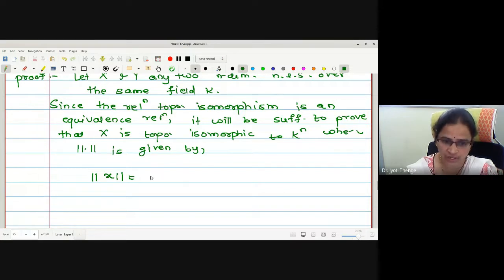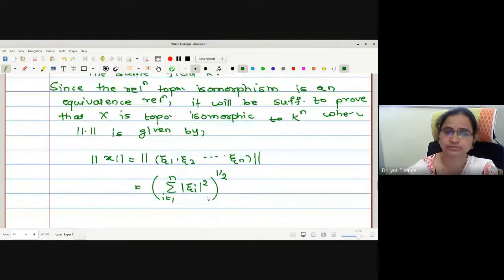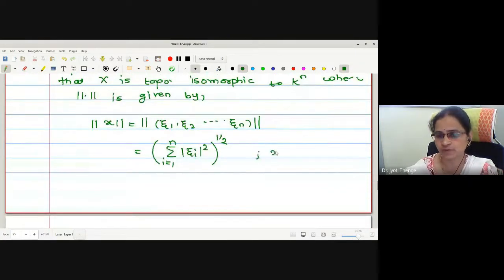Therefore, what can I write? Let me write this as an n-tuple vector, with the scalars, say zeta 1, zeta 2 up to zeta n. And we are going to define this as the summation of mod zeta i squared, i running from 1 to n, in brackets raised to half. Which formula have I used? Distance formula, no?